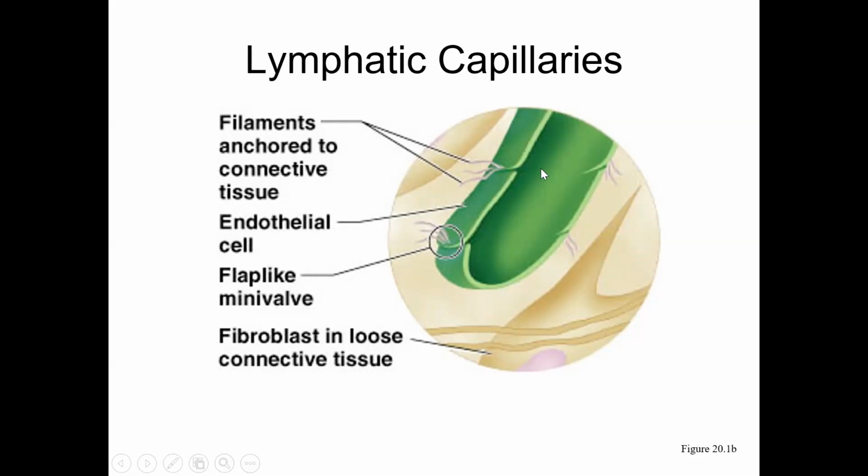The small fat molecules are absorbed this way because they're too big to cross the blood capillary wall and get into the blood directly. Instead, they get into the lymphatic capillaries through these valves and are eventually transported to the subclavian vein and back to the blood circulation.